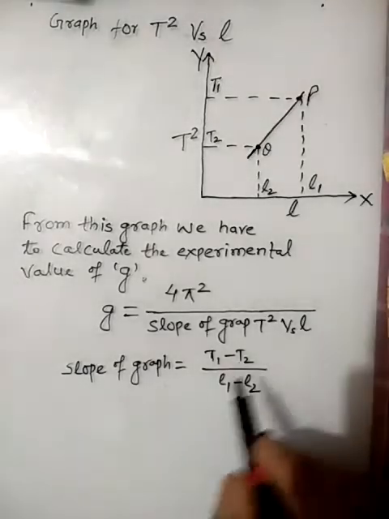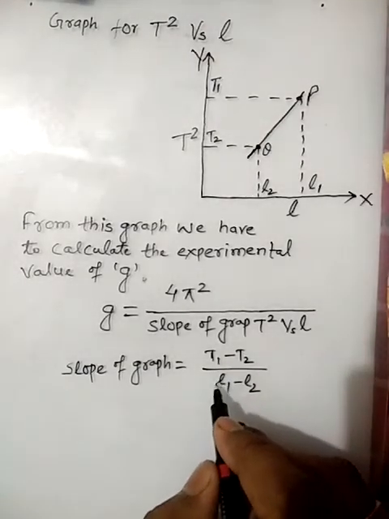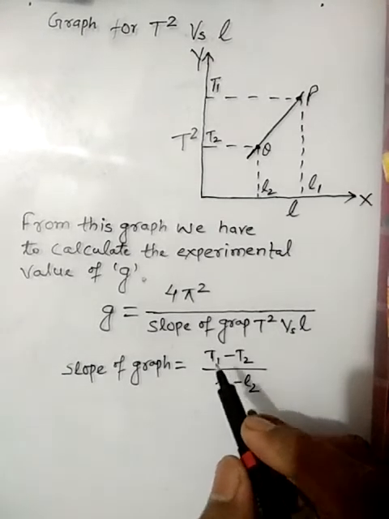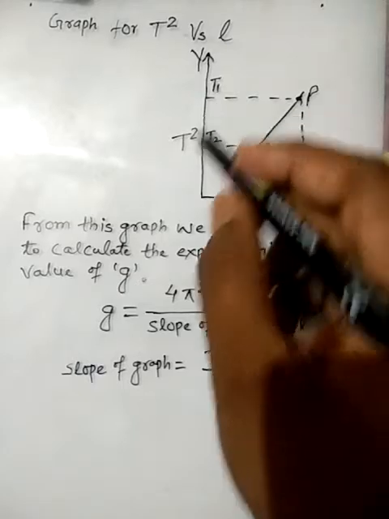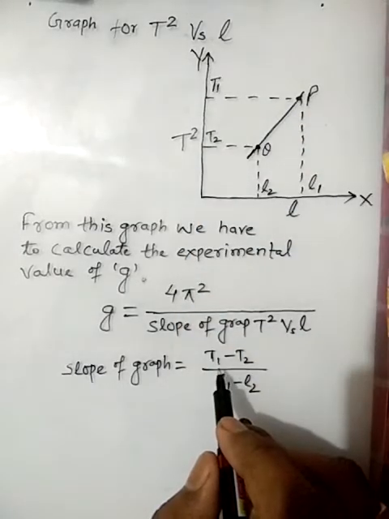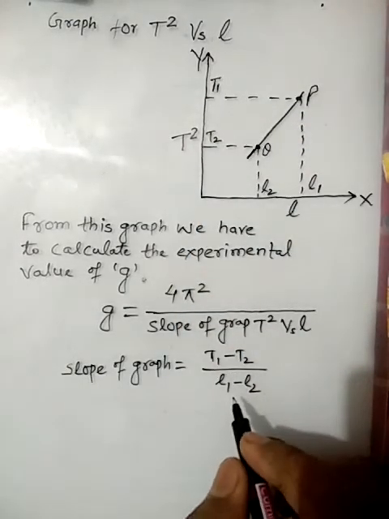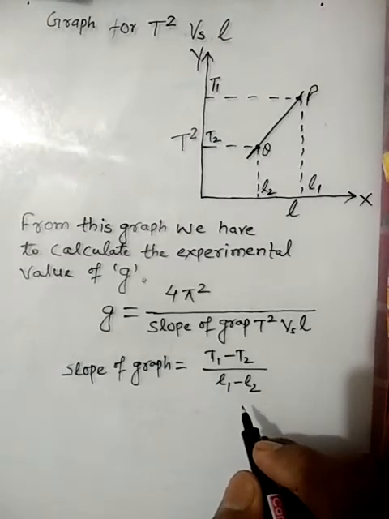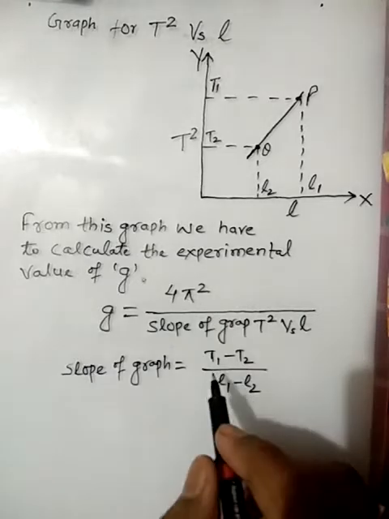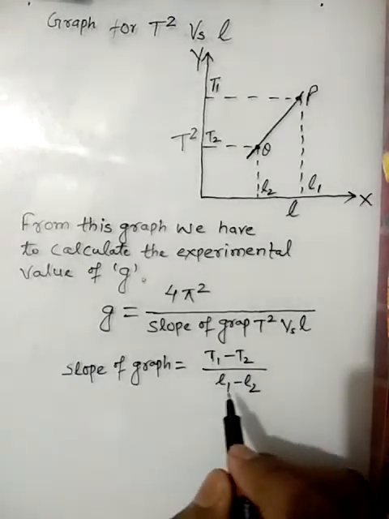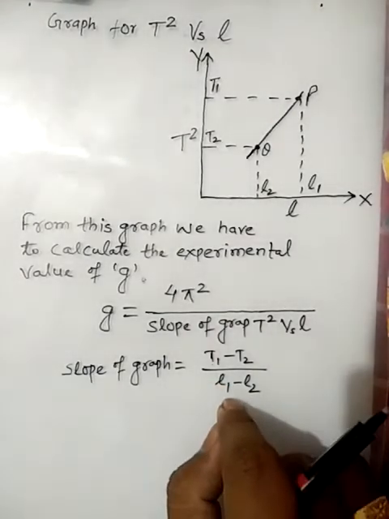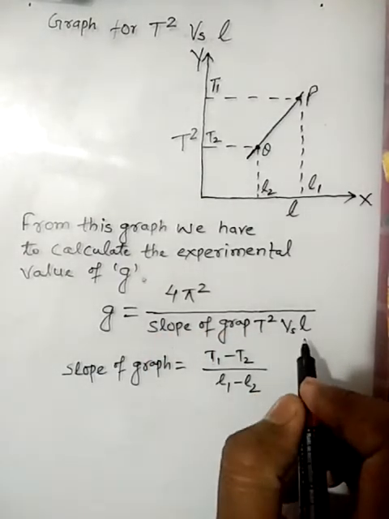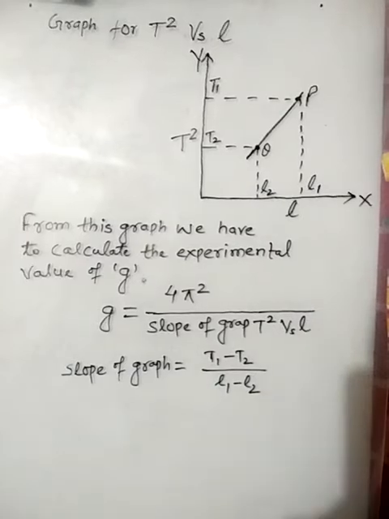Then the slope of the graph can be expressed as the difference of y coordinates over the difference of L coordinates, like T1 minus T2 upon L1 minus L2. This relation gives the slope of the graph T square versus length of the string.